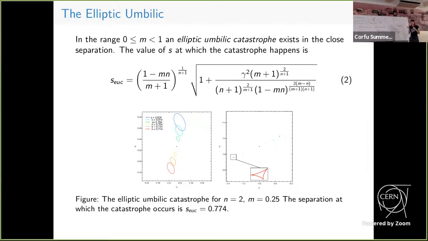Another strange behavior that we can have only in the close separation, and only in the range between 0 and 1, is the elliptic umbilic catastrophe. That is this strange behavior of the critical curves: they shrink to 0 for a separation equal to 0.774.